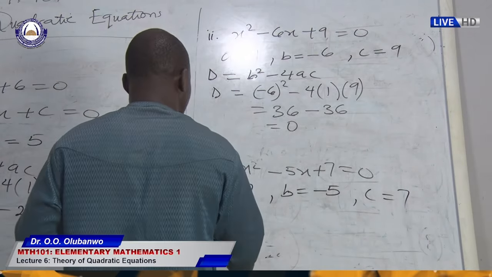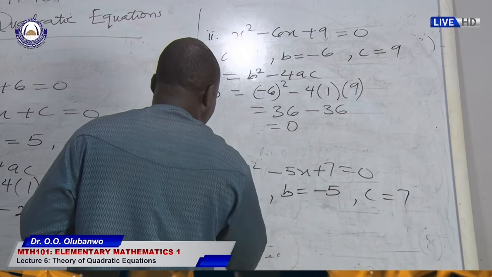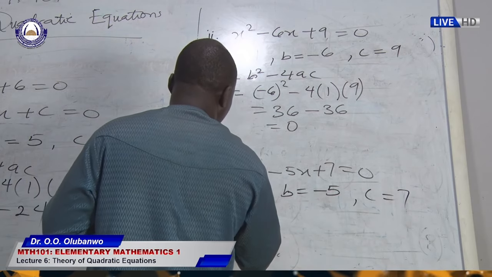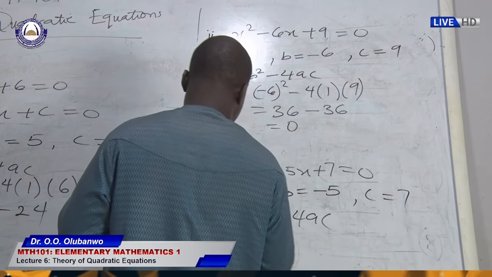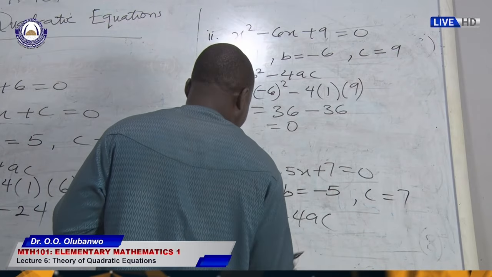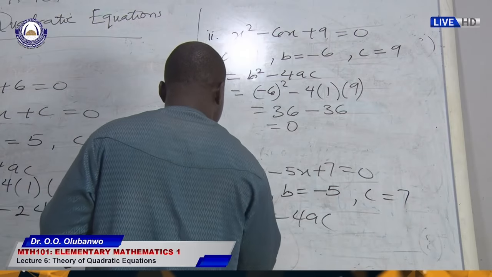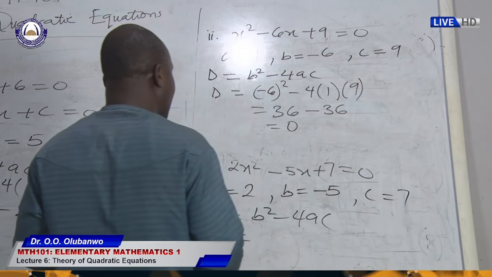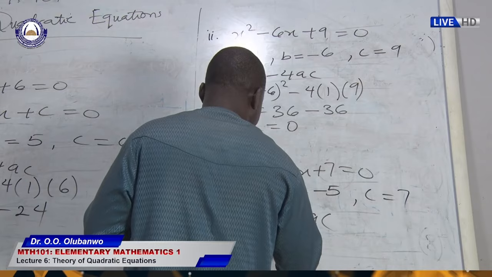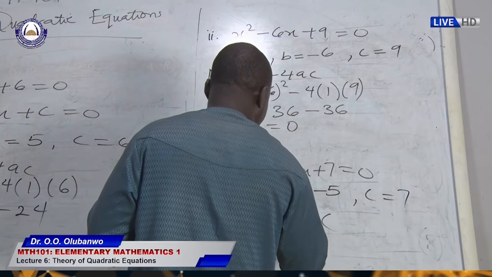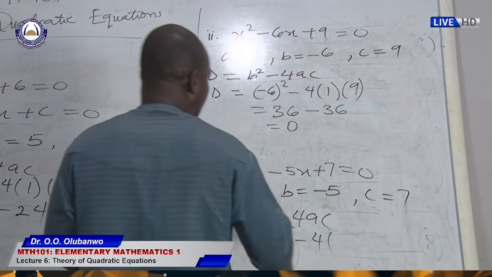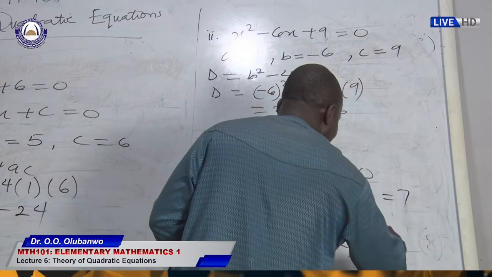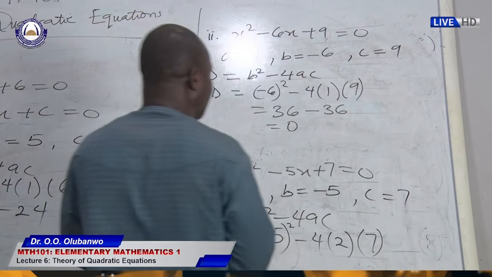Now, our discriminant, which we all know to be b squared minus 4ac, our D will be, b is -5, so we have -5 all squared minus 4 times A, our A is 2, while our C is 7.